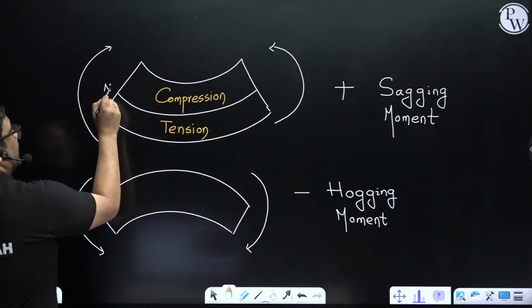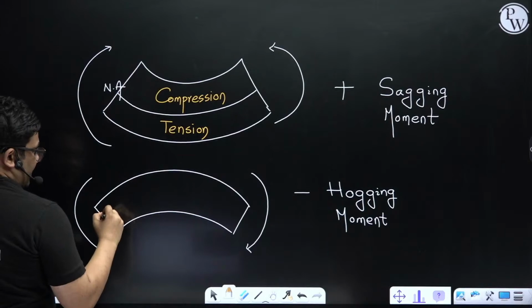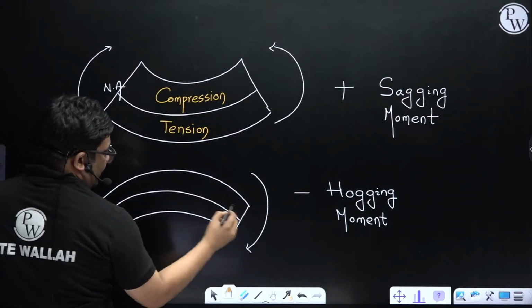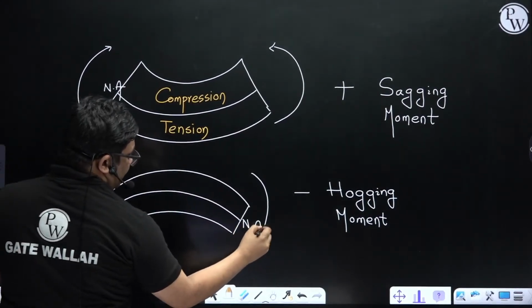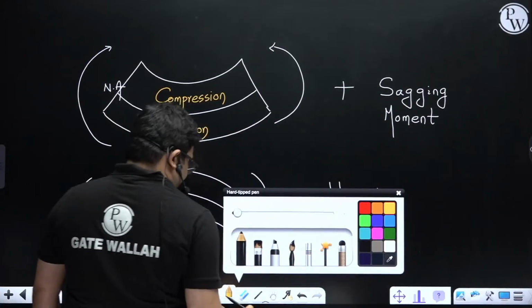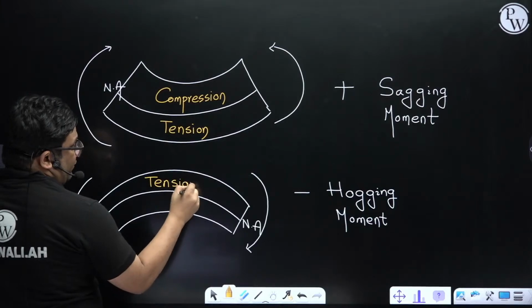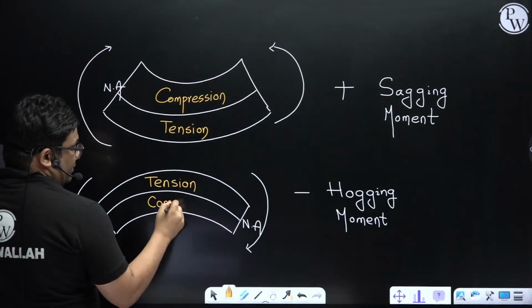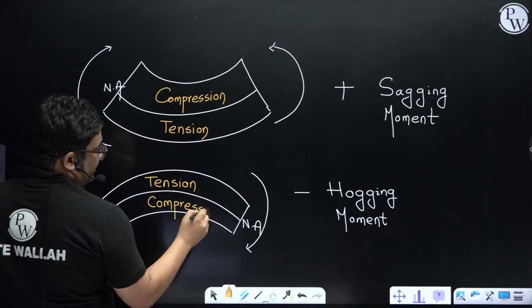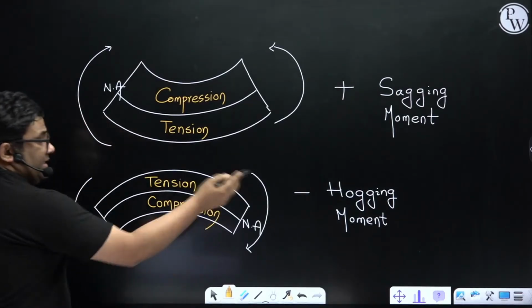So in this case, above the neutral axis, I will get tension, and below I will get compression.